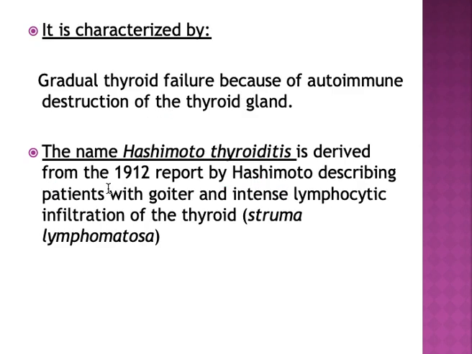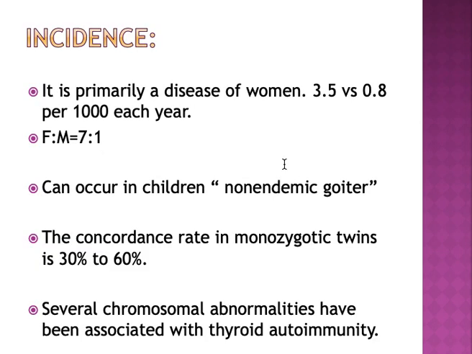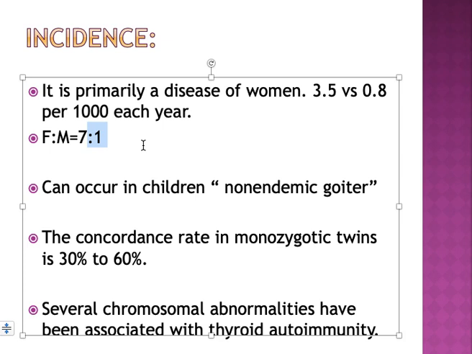Yes, guys, this is a chronic condition. It is named after the guy who described this condition in 1912. Anyhow, I will talk a little about the incidence of this condition. As I already told you, all these thyroid conditions are more common in females than males. This one is very common in females, 7:1. It is 7 times more common in females than males.